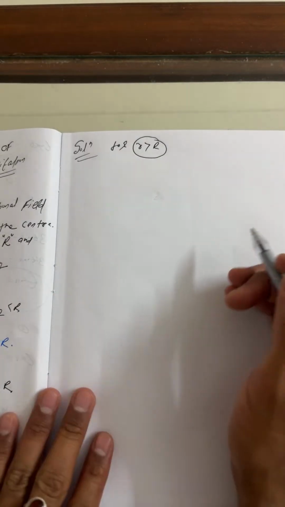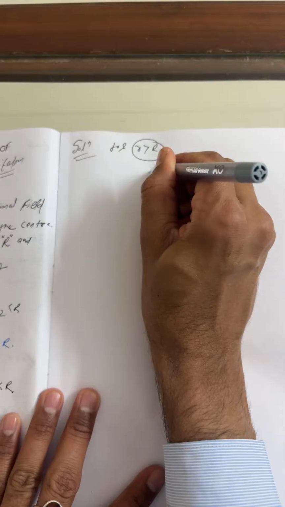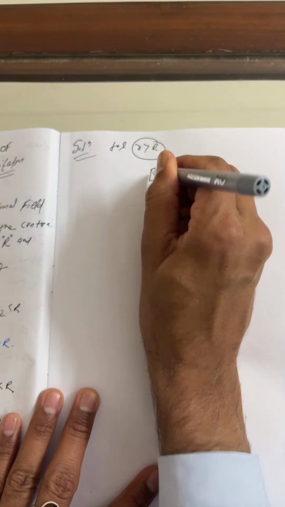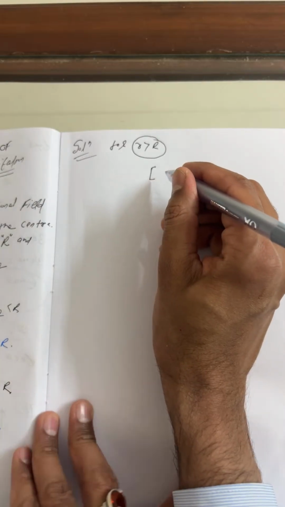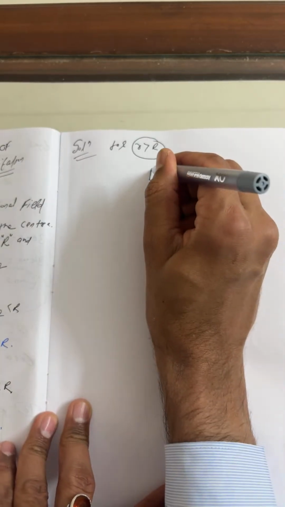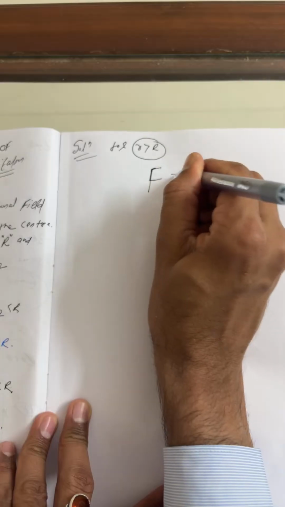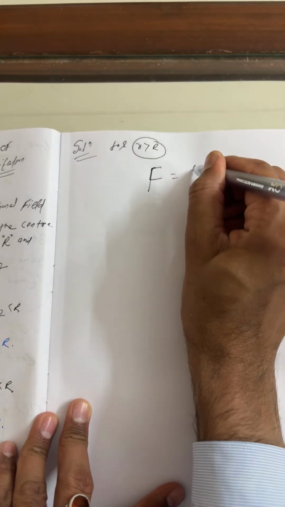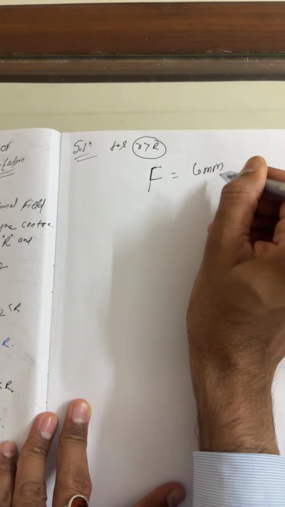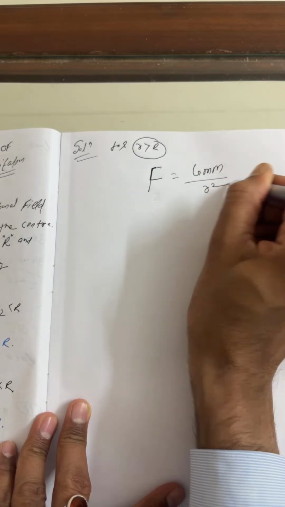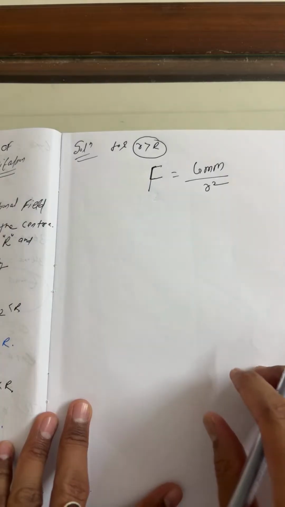Here the gravitational field, or you can say the gravitational force, is G M m upon r square.